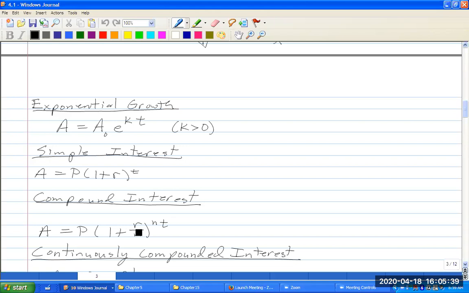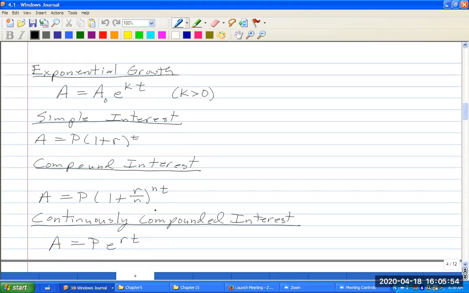Continuously compounded interest. Suppose that rather than compounding this n times per annum, you do it an infinite number of times per year. Then we say that this is continuously compounded. The formula is just A equals P e to the RT. Again, here it's exponential growth.